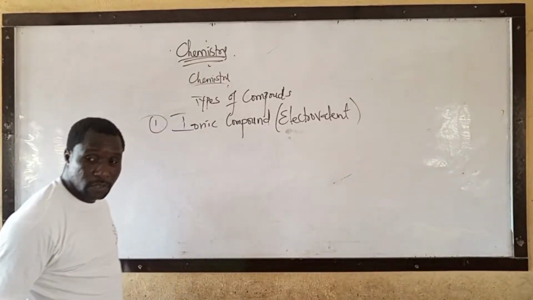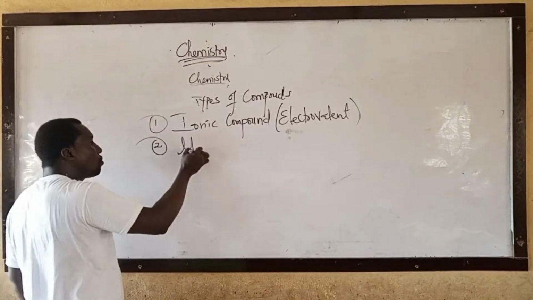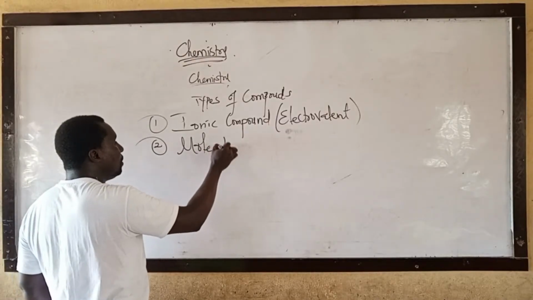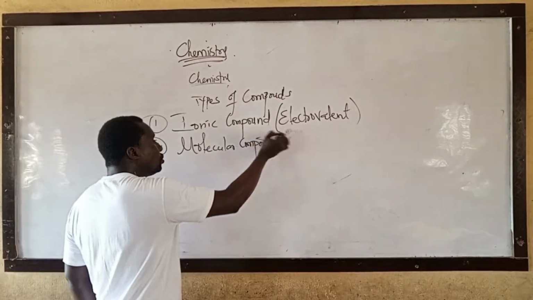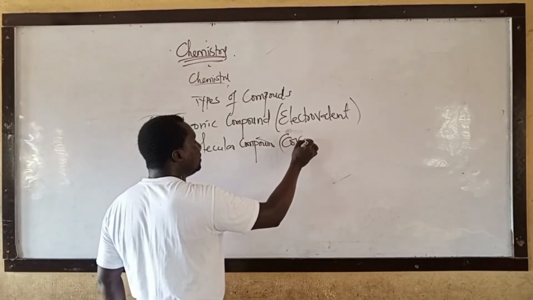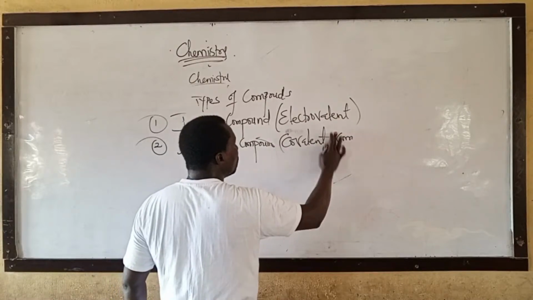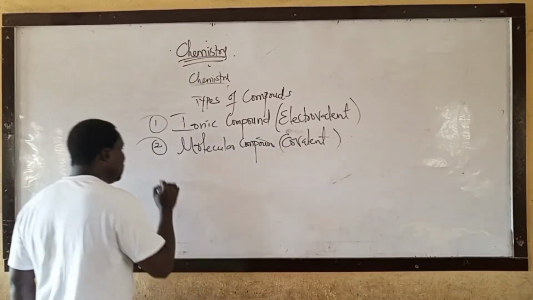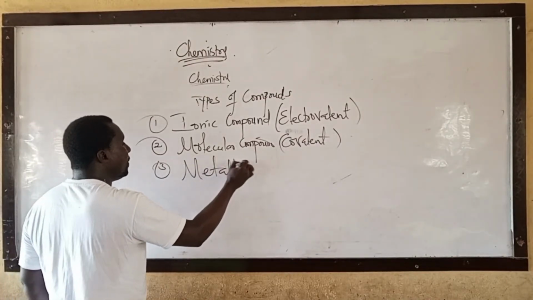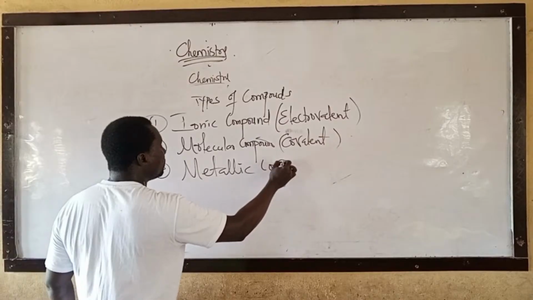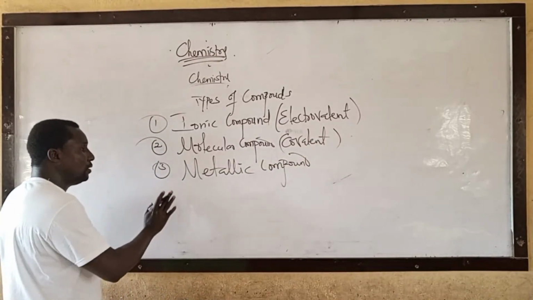Number two, molecular compound, which is also known as covalent compound. Number three, metallic compound, or you can say intermetallic compound.